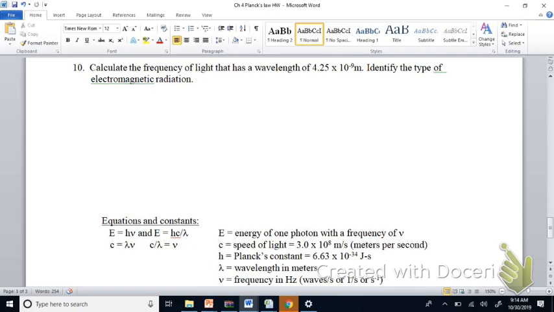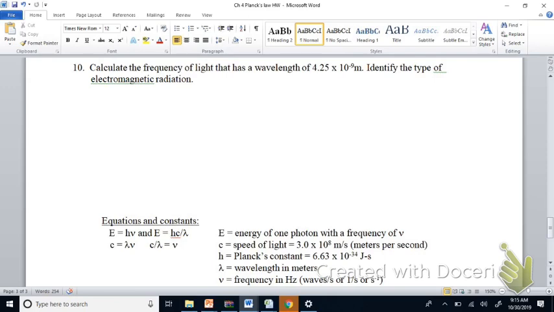Finally, let's look at number 10. So we have an added caveat to this one on identifying the type of electromagnetic radiation. So we'll deal with that shortly. We want to find the frequency of light given a wavelength.